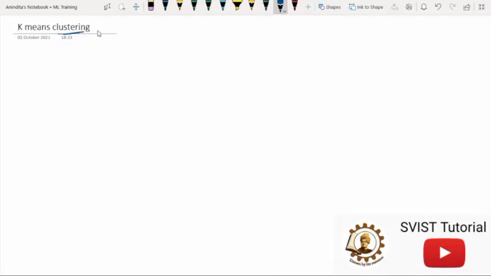So this clustering is also known as cluster analysis. So this clustering or cluster analysis is a machine learning technique. So these are the ML techniques that we are talking about, which basically groups the unlabeled dataset.